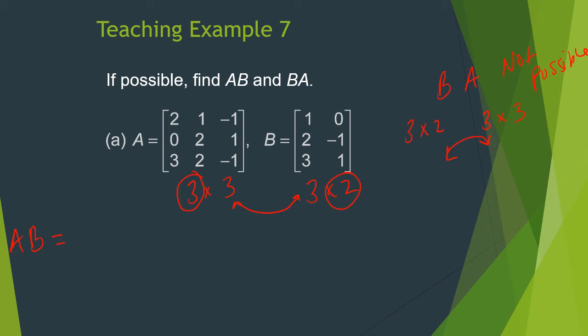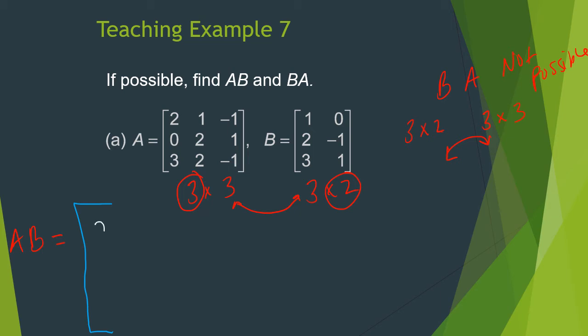I'm going to do my very best to change the colors so that you can see where they're going. I need to make that a little longer because I'm making a 3 by 2. I'm going to take the elements in this row and multiply them to the elements in this column and add the sums together.